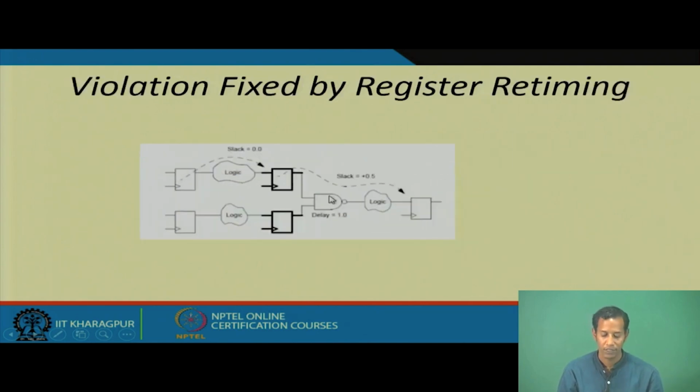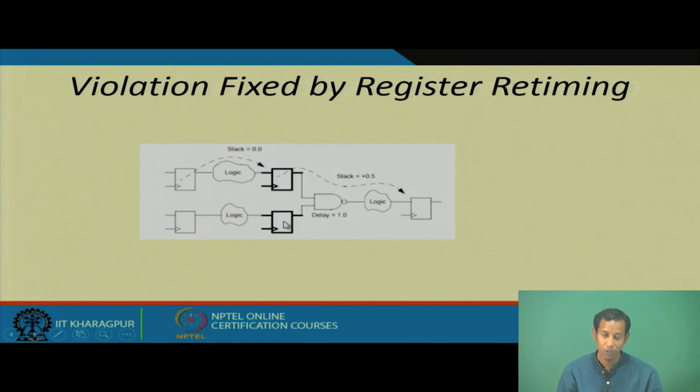I place the registers in this path, then the NAND, then the logic, and then this register. As this NAND gate cell corresponds to a delay of one time period, the modified slack in this path will be plus 0.5, in this path 0, and in this path plus 1.